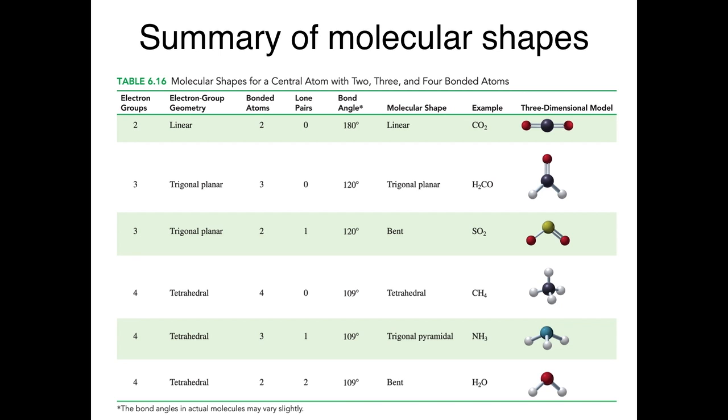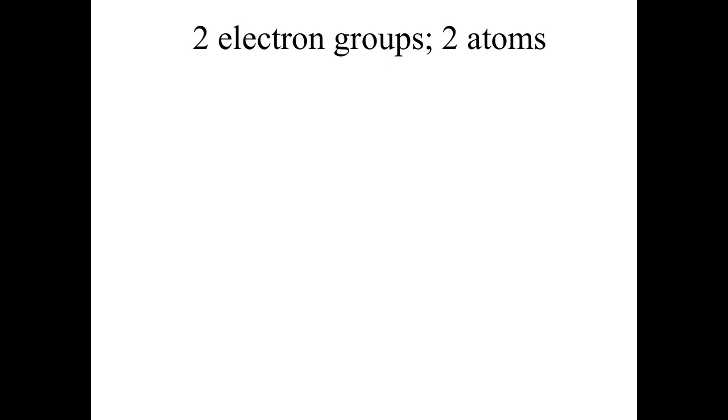So with the many ways that atoms can connect with each other in a covalent bond, it will result in various shapes. The first type of shape I want to talk about is when your center atom has two electron groups and is connected to two atoms. To illustrate this point, our molecule of interest would be carbon dioxide, CO2.